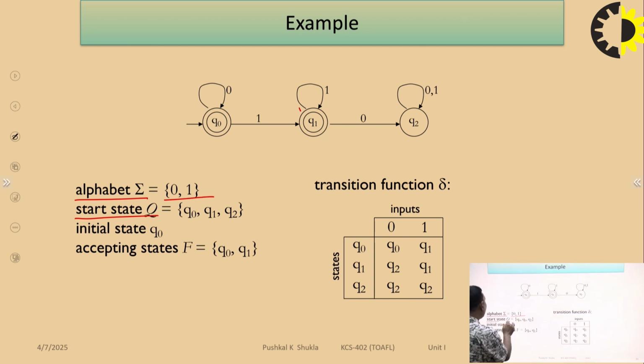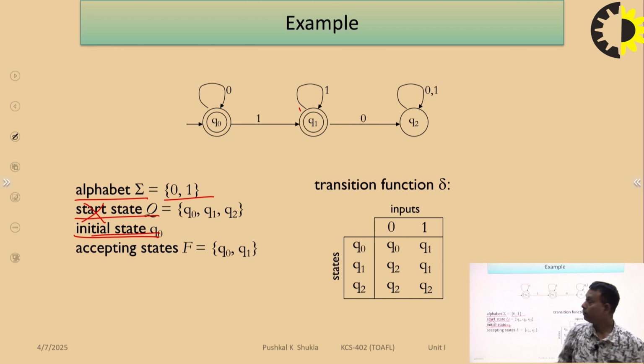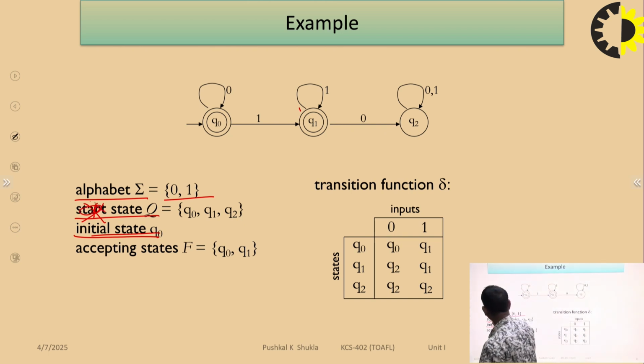The start state, or initial state, is Q0, and the total states are three: Q0, Q1 and Q2. The final states are those made with double circles, that is Q0 and Q1.